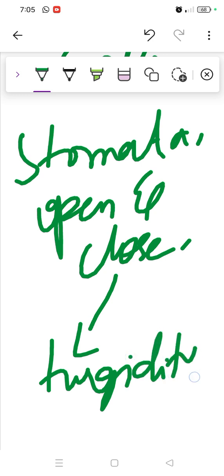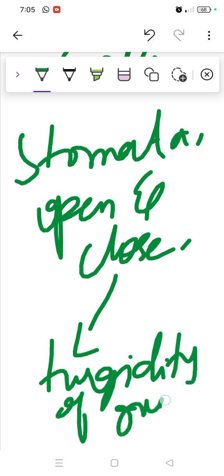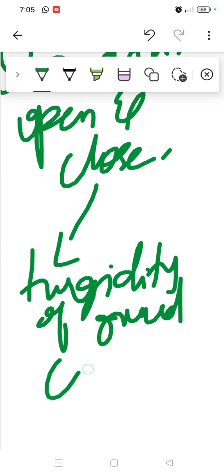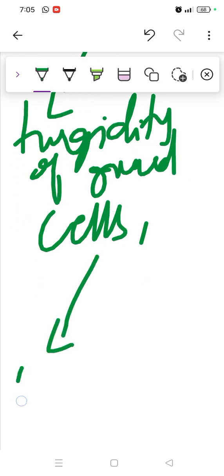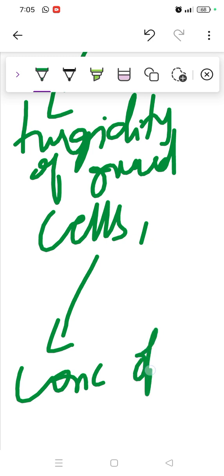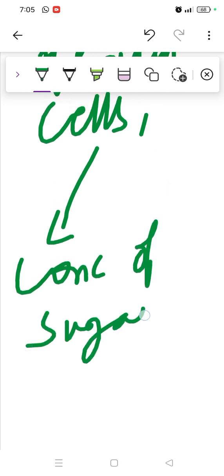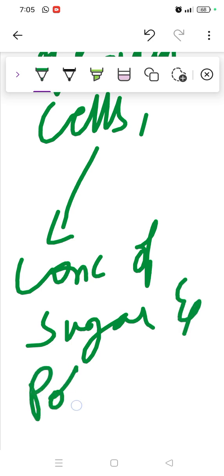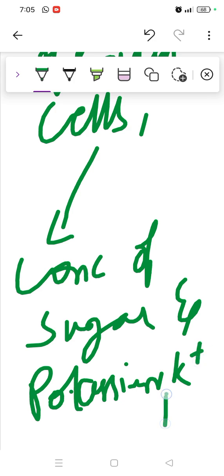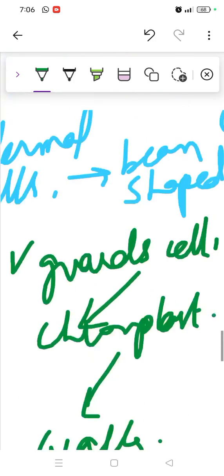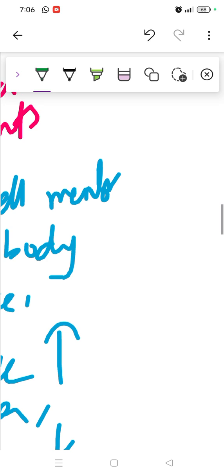The turgidity of guard cells helps in regulation of the concentration of sugar and potassium, K plus ions. So I'm sure it's very much clear to you. This is all about gaseous exchange. Thank you for watching. Bye bye.